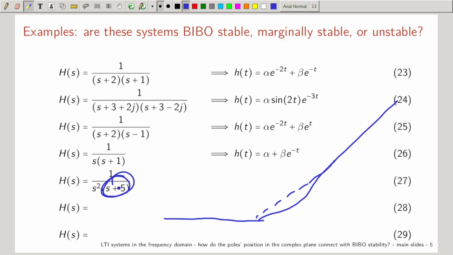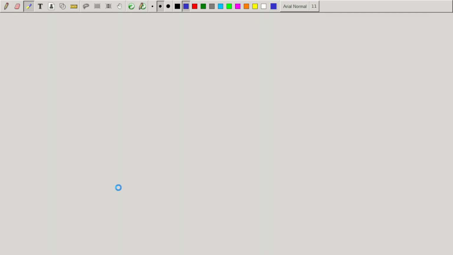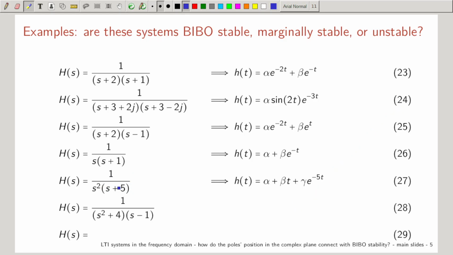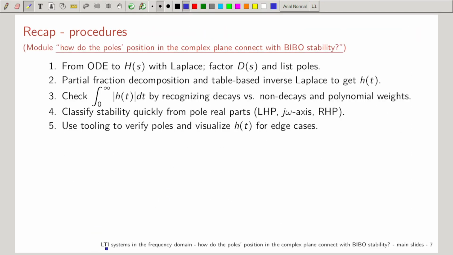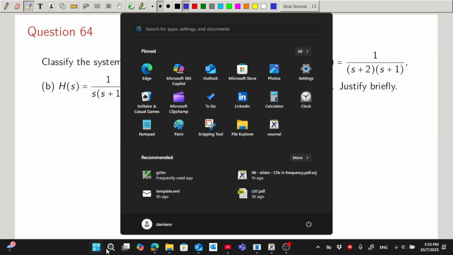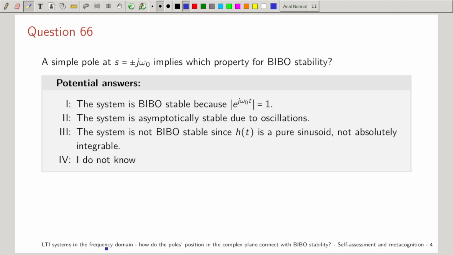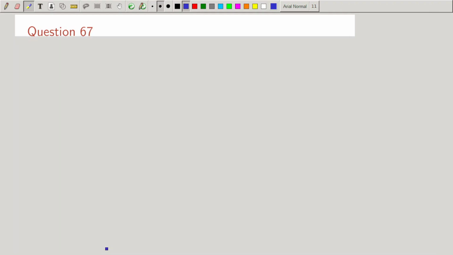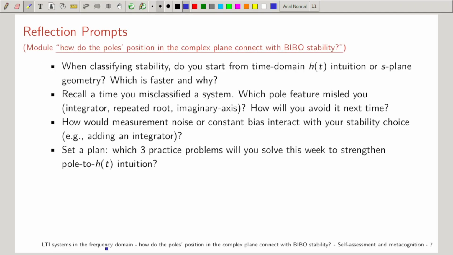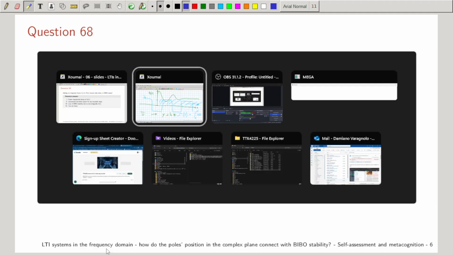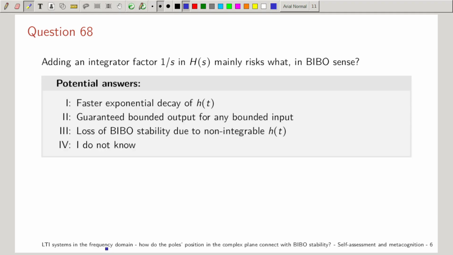Are you following me, people? We are there, true? Here is a minus, this is a minus, they are not BIBO stable. Okay. I think we are there. Are there questions, people? Other questions?